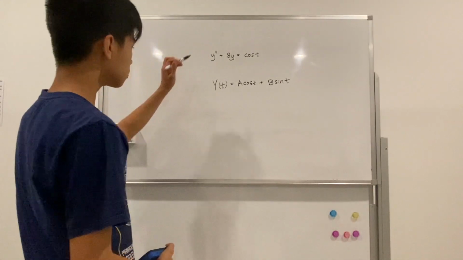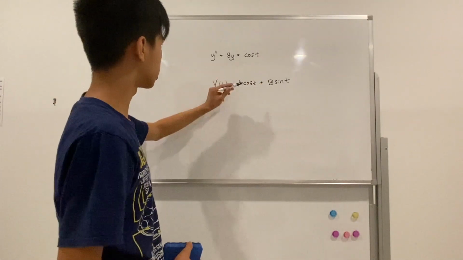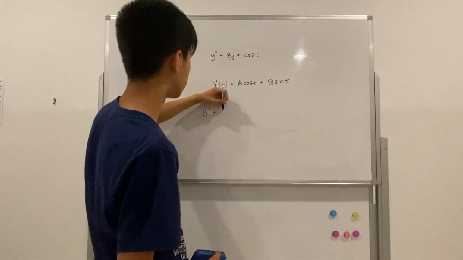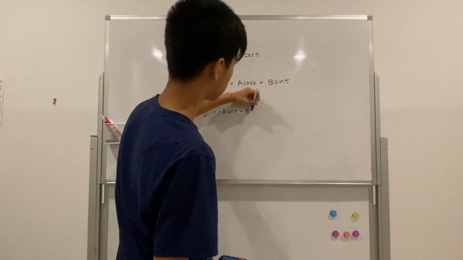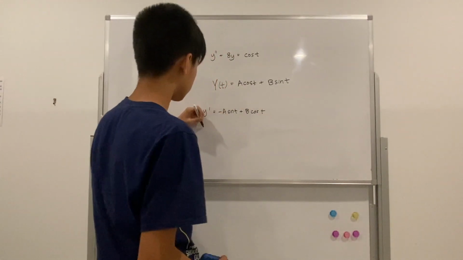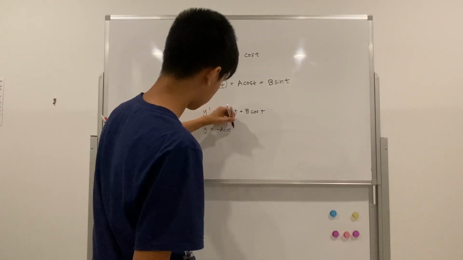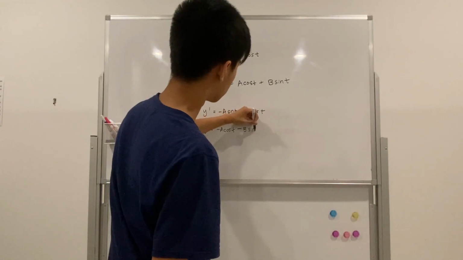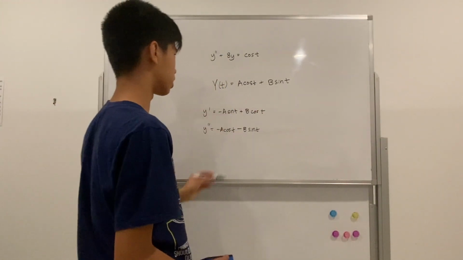So let's do this. Let's say we can just plug that in. So y prime is equal to negative a sine of t plus b cosine of t. And y double prime is equal to negative a cosine of t minus b sine of t, because you're just doing differentiation of trig functions.